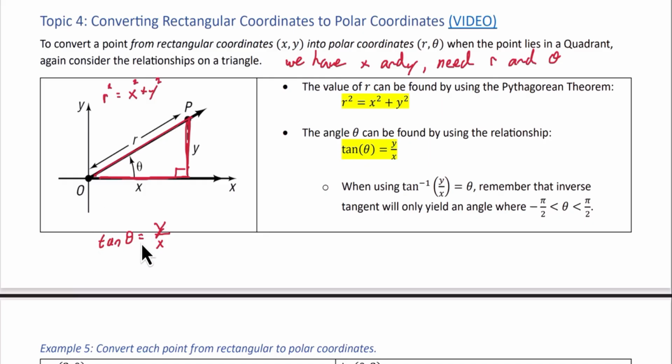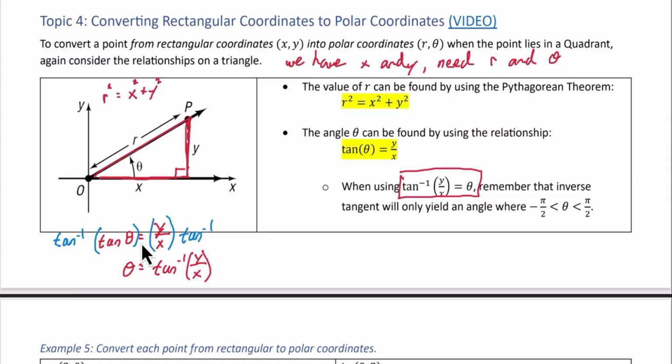So to do that, we can then take the inverse tangent of both sides. And now we have theta is equal to the inverse tangent of y divided by x. So we now have a formula for finding theta.